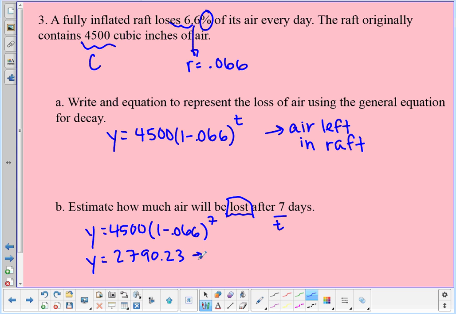This is the air that's left after 7 days. But I want the air lost, and that's just really tricky wording in this question.